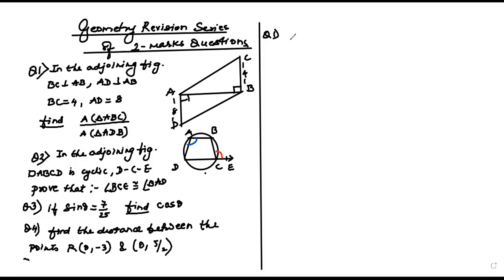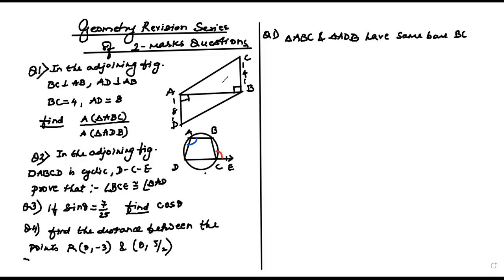So I can write, triangle ABC and triangle ADB have the same base AB. Now listen, you learn one property. The areas of triangles having the same base are proportional to the corresponding heights.